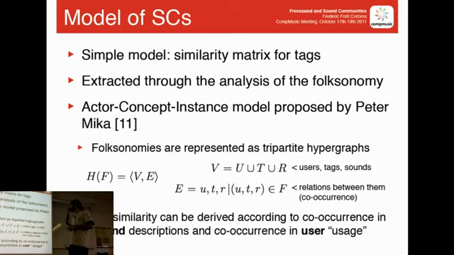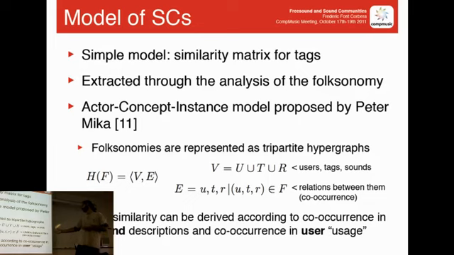And then I use the actor-concept-instance model that was proposed by Peter Mika, in which the idea is that this model represents the folksonomy as a hypergraph. What you can do with this hypergraph is, for example, based on the tags, which is what I'm working on, try to see the relations, the similarity between tags in terms of users and in terms of sounds.